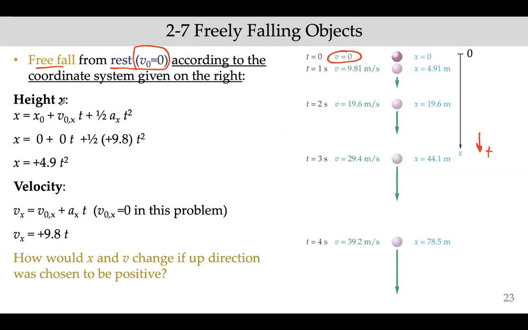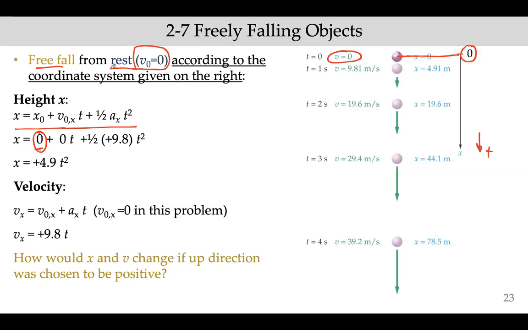If you look at the formula for height here, the variable x is used, but you can also use y, doesn't matter. So initial position, let's look at our coordinate system. The ball's initial position is here, and the coordinate system says this point is 0. So I'm going to use 0 for initial position. What is the initial velocity?